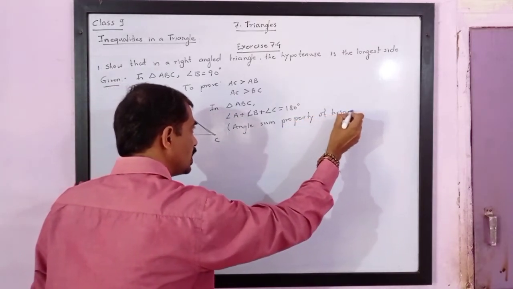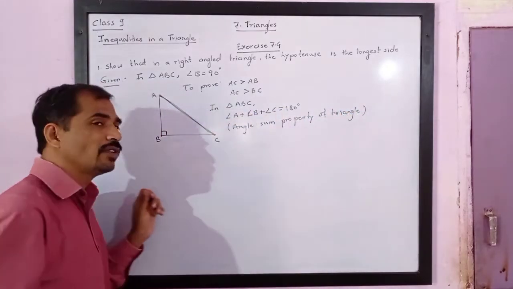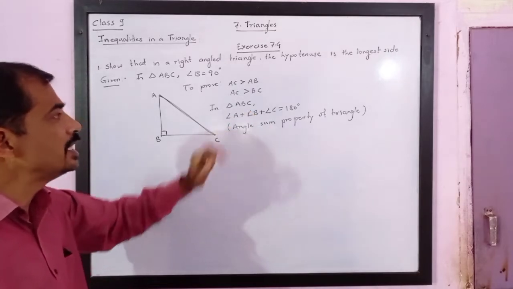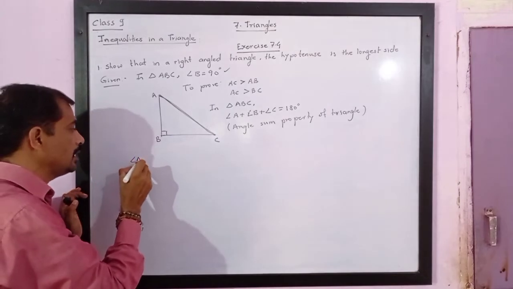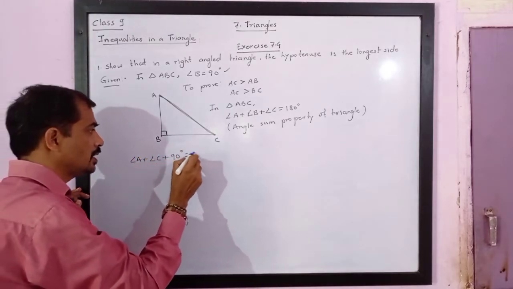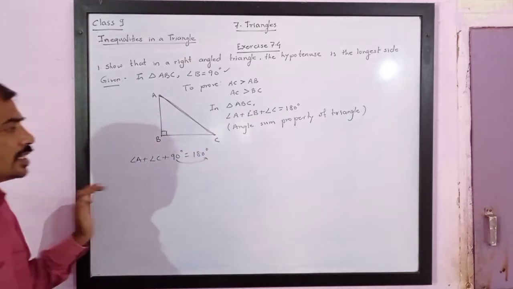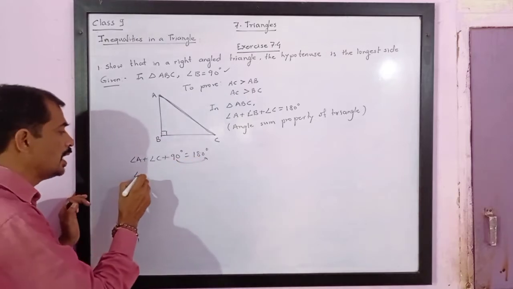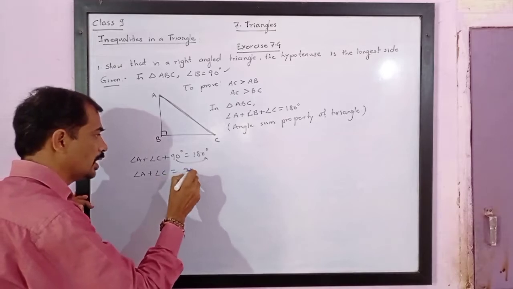Or you can write the reason as the property itself: the sum of interior angles of a triangle is 180 degrees. Now, out of this, one angle is given to us. Angle B is 90 degrees. So we will get angle A plus angle C plus 90 degrees is equal to 180 degrees. Now, if you transpose 90 to the RHS, it will be 180 minus 90, that is again 90. It means angle A plus angle C is equal to 90 degrees.